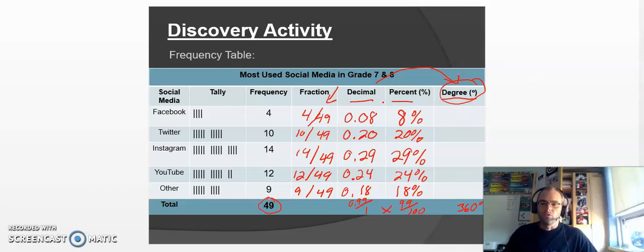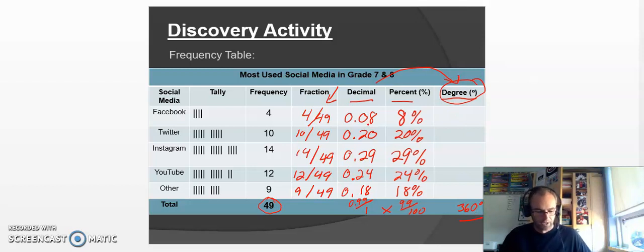To do that, you take your decimal value and you multiply it by the degree whole, which is 360. So I'm taking all of these values and multiplying them by 360 to get my value in degrees out of this whole.